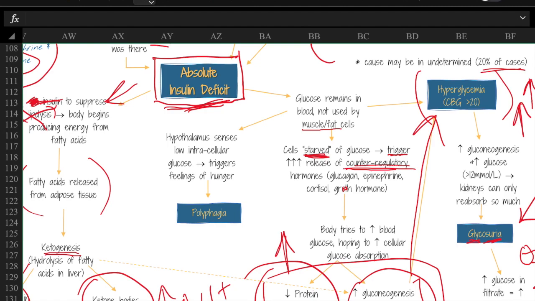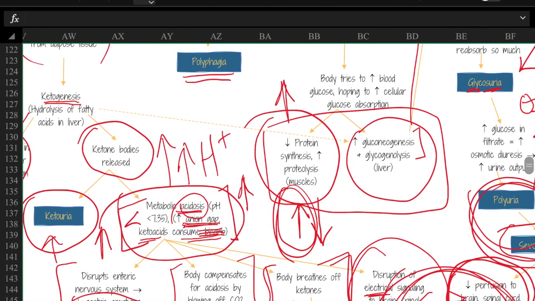And so that right there will trigger feelings of hunger or polyphasia. So if you look here, that's another one of our 3 Ps, right? And so that is where that comes from. It's the body's reaction to kind of the starvation of intracellular glucose. And then you can fix that later.